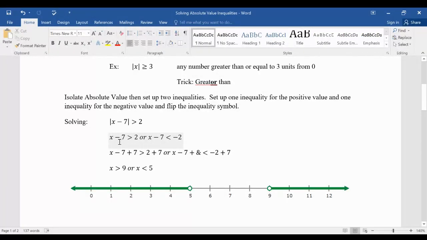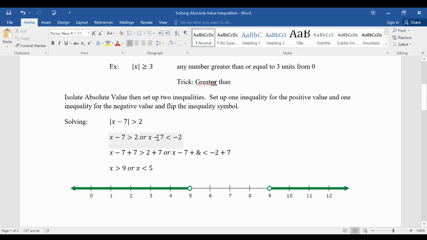I can't write in this app right now, but you would add 7 to both sides, add 7 here, add 7 there, and this is going to cancel, and you're going to get x is greater than 9. Okay, that's going to be your first one on the positive side, and here's 9. 9 is not a value we want, but we want any value greater than that, so everything in this direction.